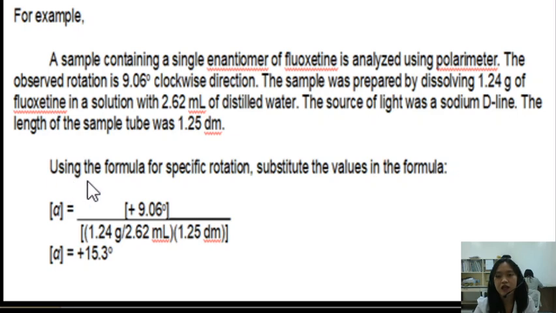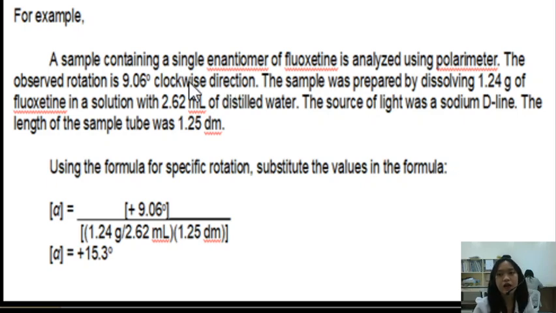So using the formula kanina, specific rotation is equal to yung degree ng ating rotation. So, binigay niya na 9.06 degree clockwise direction. So, bakit important? Again, the direction of the rotation is very important because in here, the value will be positive or negative depending on the direction.